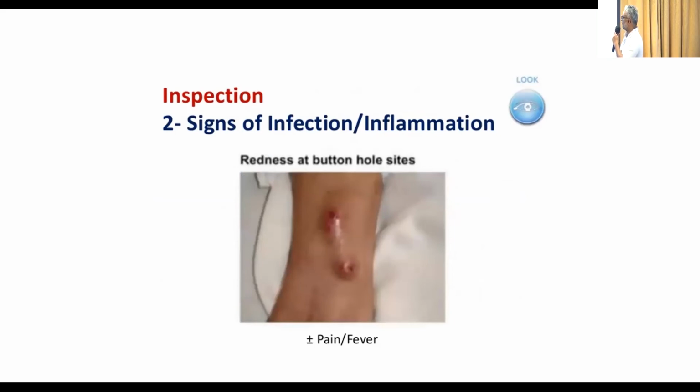Signs of infection: red, warm to touch, pain, fever. Don't expect infection only with dialysis catheters. You can have infection with fistulas as well. Okay, so you pick it up early, start your appropriate antibiotics, the patient does well. Otherwise, the patient gets other complications, infective endocarditis, etc.